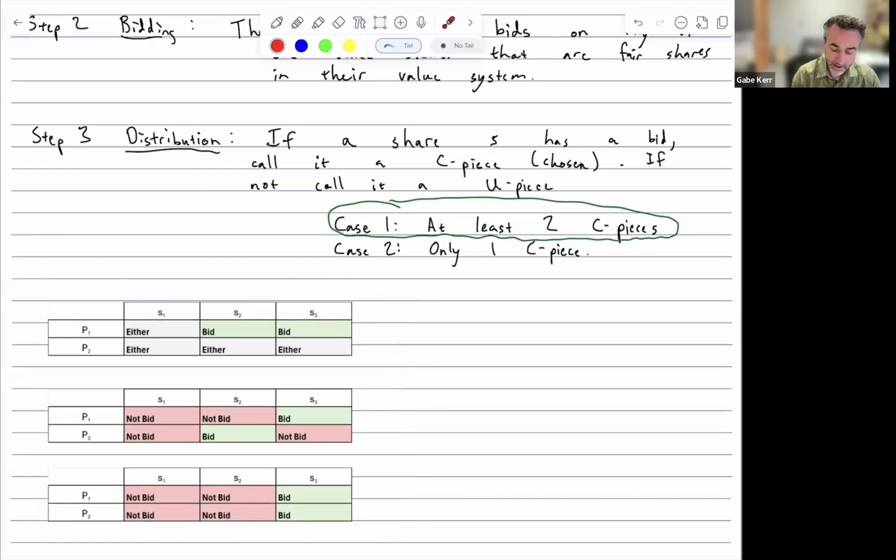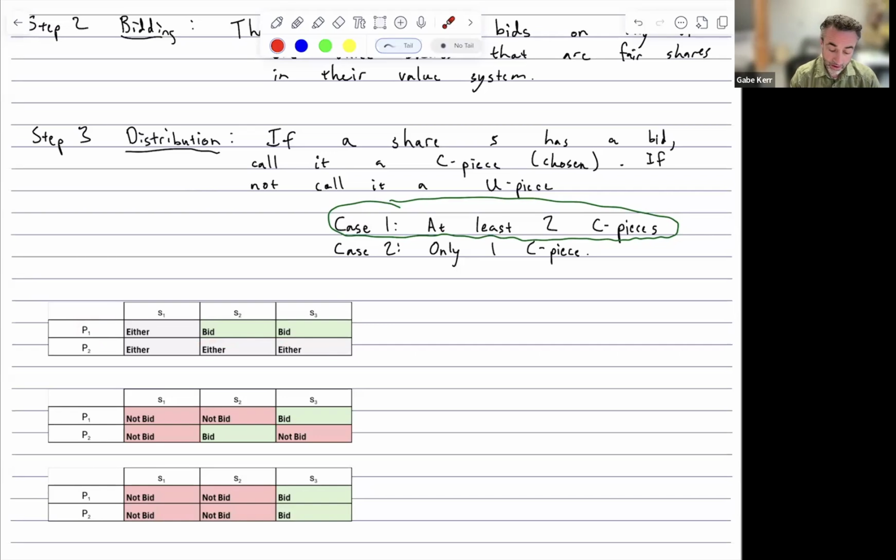And then in this case, out of these three shares, the first player, which both of these players will assume are the choosers, makes a bid on at least two of the three shares. If the player makes a bid on at least two of the three shares, then I want to say there is a way to assign each of the shares so that we have a fair division.